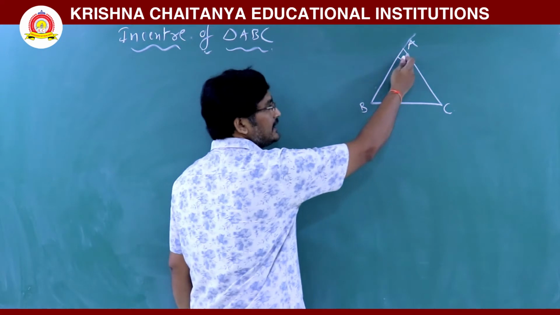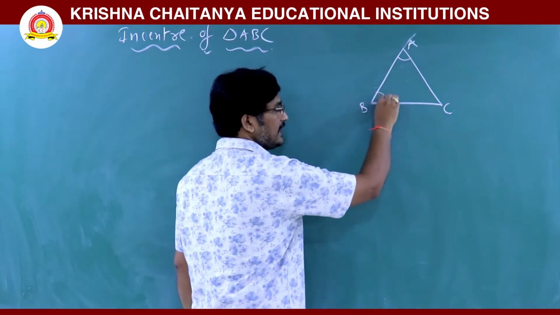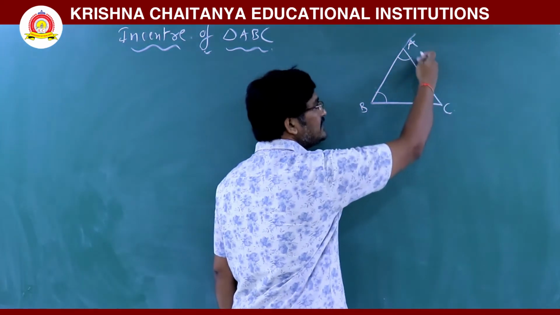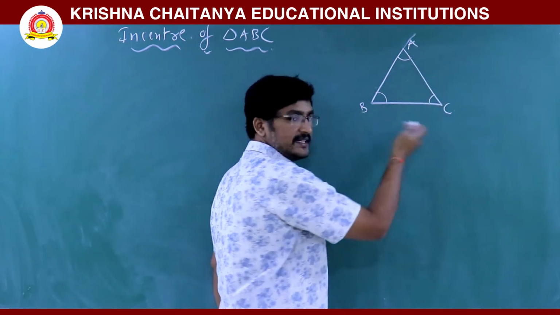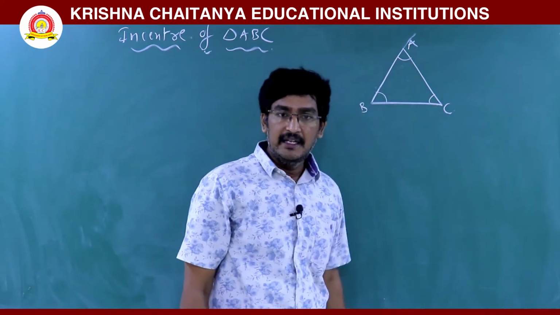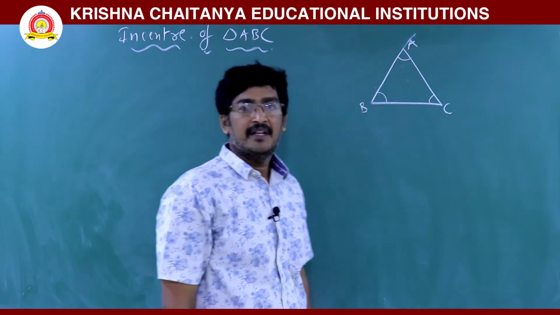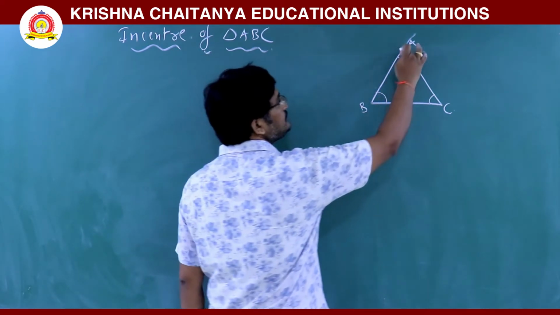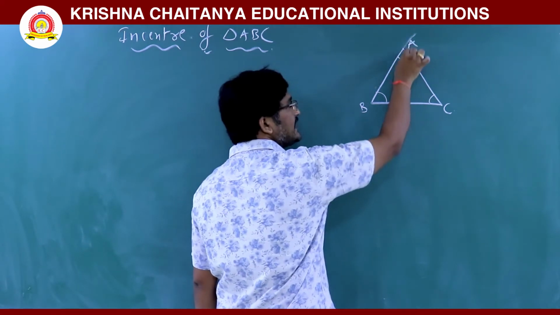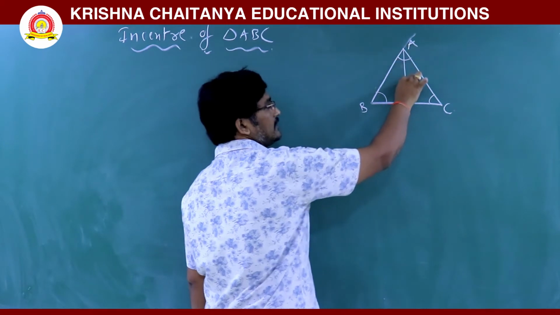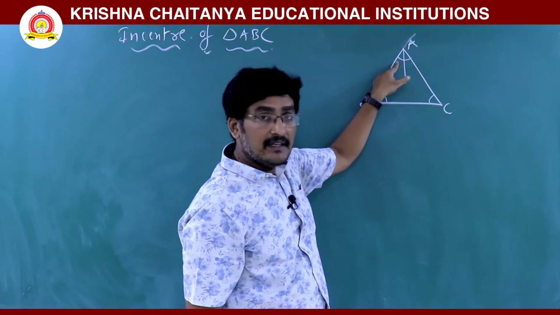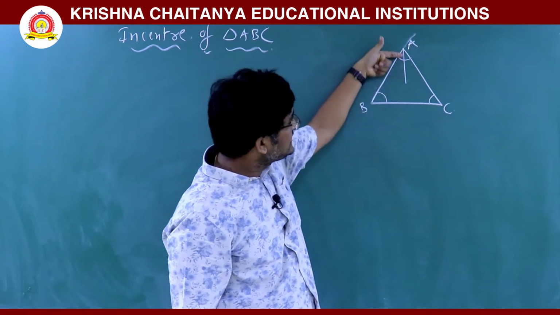This is internal angle A in this one. This is internal angle B in the triangle. This is internal angle C, which is the angle between this side and this side. We have to take it inside of the triangle. So these three are the internal angles in the triangle ABC. Suppose a line passing through A bisects this angle like this.